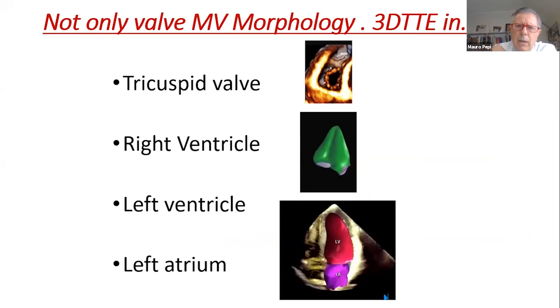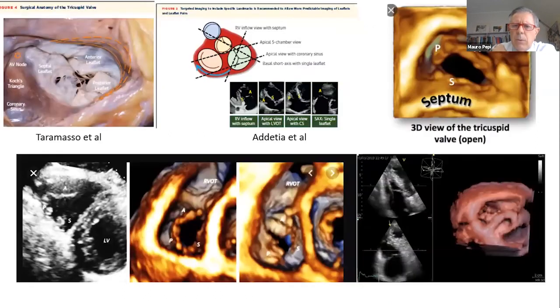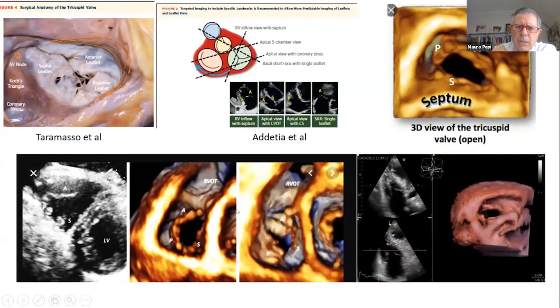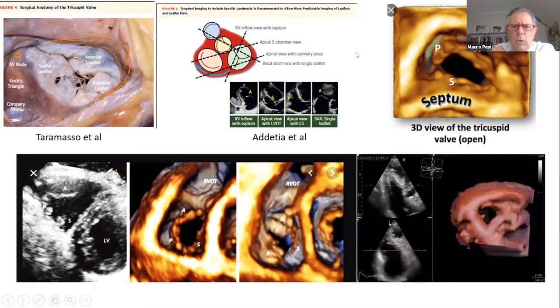Finally, 3D TTE is not only the morphology, but also the tricuspid valve, right ventricle, left atrium. We may have, in all these cases, not only the mitral valve, but also the tricuspid valve, which is not easily evaluated by the standard 2D.